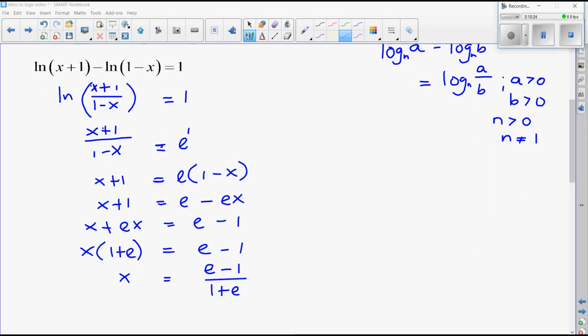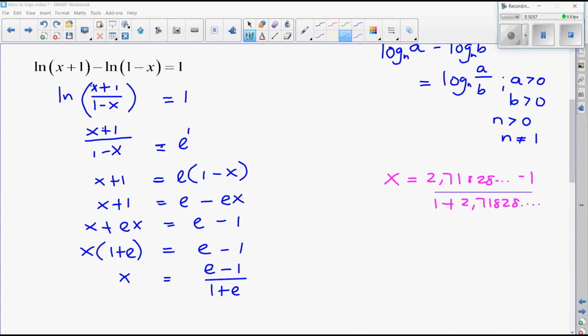Now that you have the solution, the question to ask yourself is, is it a valid solution? So we got x equals e minus 1 over 1 plus e. Now e has a value of 2.7182818, etc. So let's just substitute it. So we see that x equals 2.71828 minus 1 all over 1 plus 2.71828.